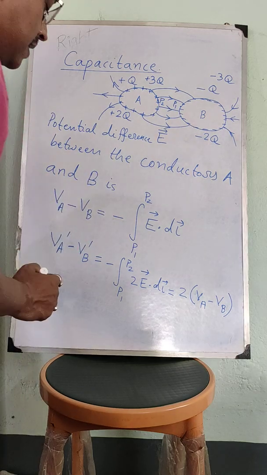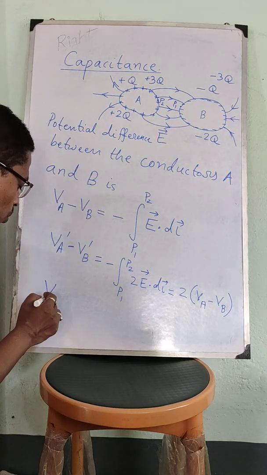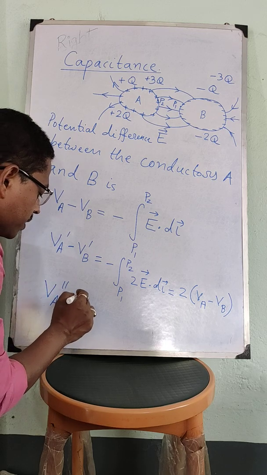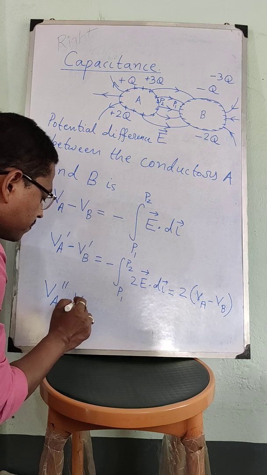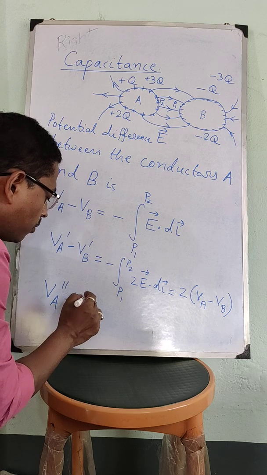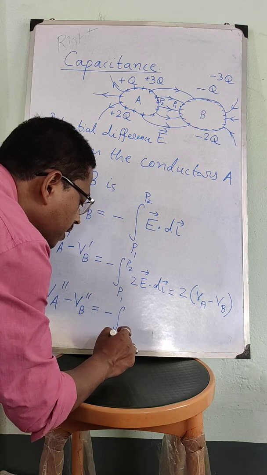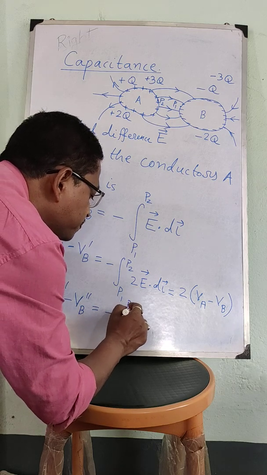So in that case, the potential difference between the two conductors is VA double prime minus VB double prime, that is equal to minus integration P1 to P2.